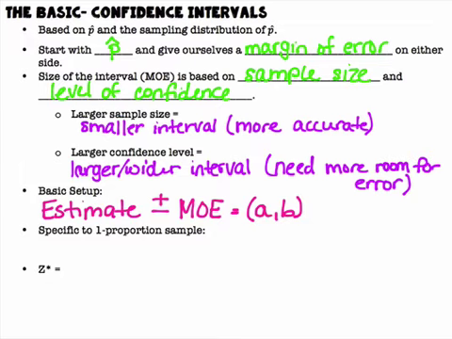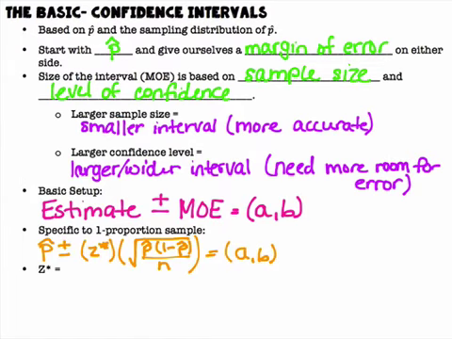So this is specific to a one proportion sample. So what we're going to be doing is a one proportion confidence interval. So Z star is an important piece. This is the formula: p hat plus or minus Z star times the square root of p hat times 1 minus p hat over n.